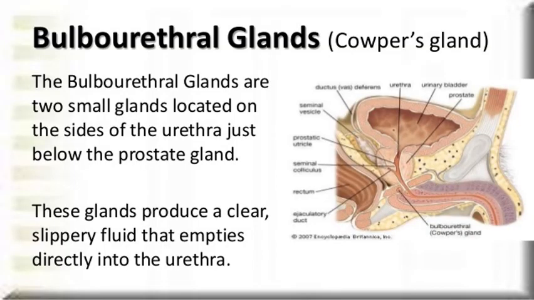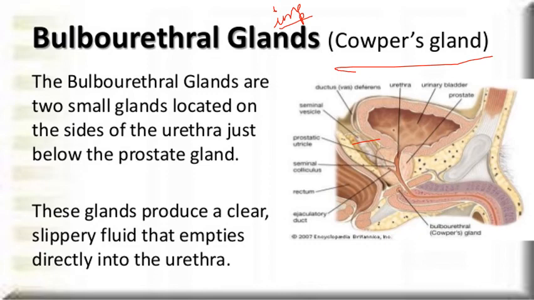Now let's talk about the bulbourethral glands. This is also called the Cowper's gland, one of the important glands, so always remember this gland. Bulbourethral glands are two small glands located on the sides of the urethra.